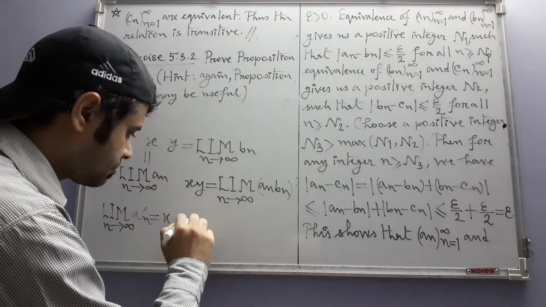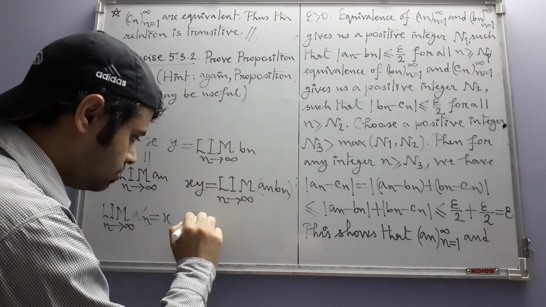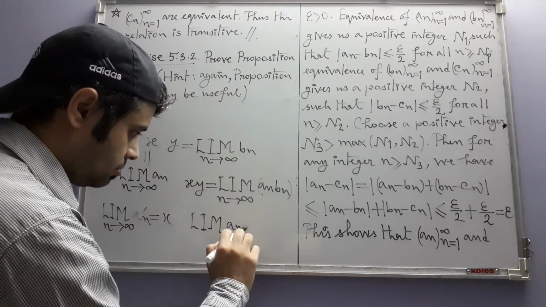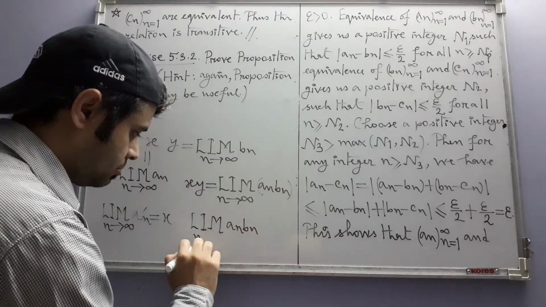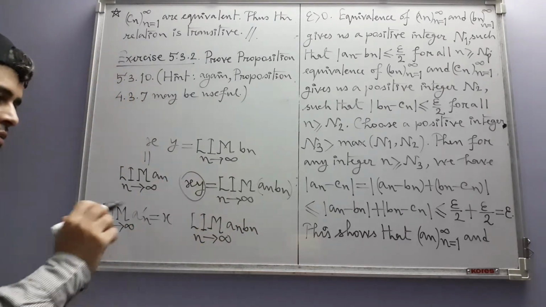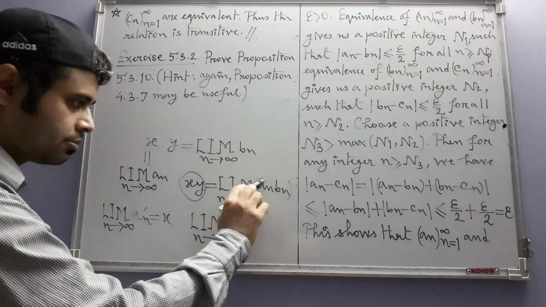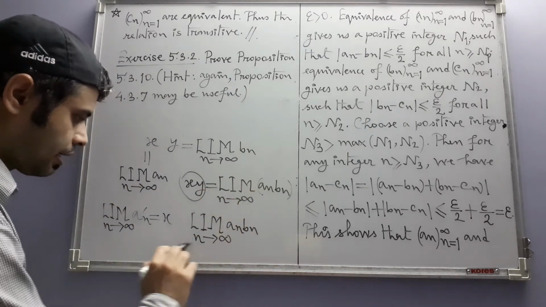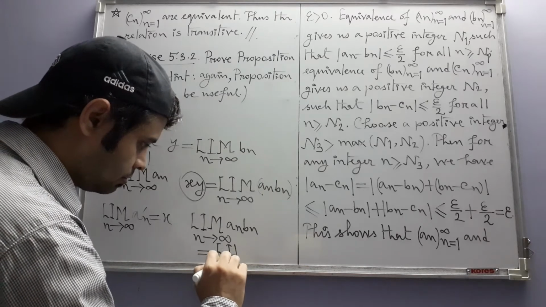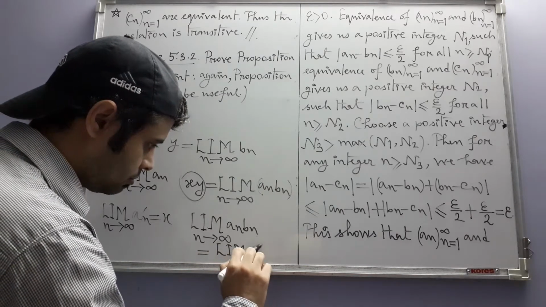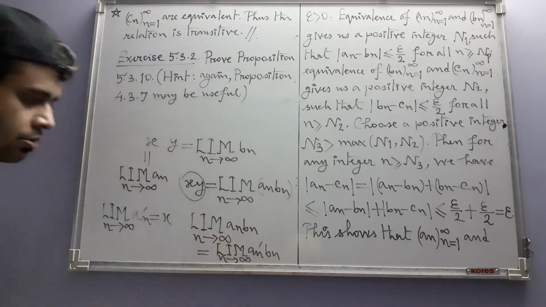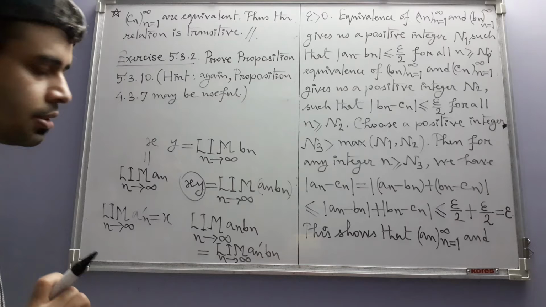Then these two products, the product is xy, but in one of them we use the Cauchy sequence an, and in the other we use the Cauchy sequence an prime. These two give us the same answer.